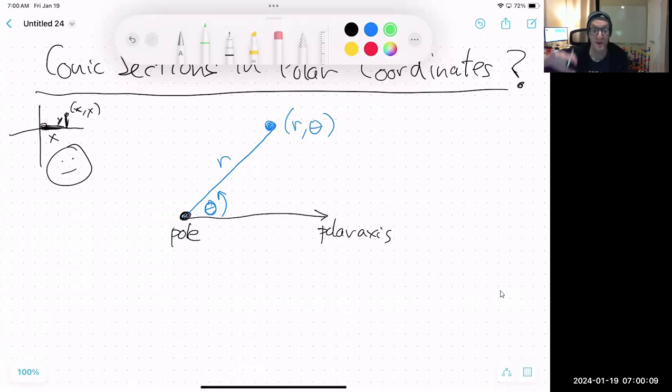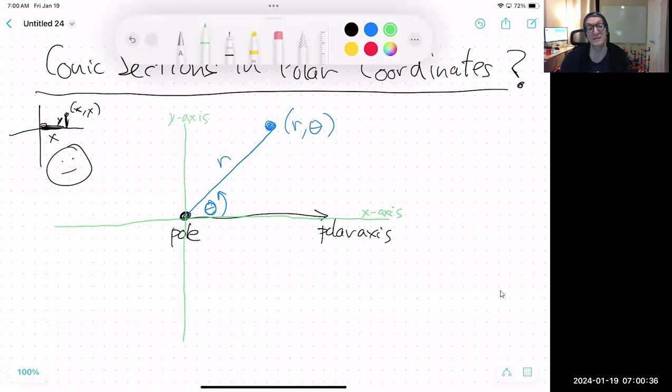But if you have a plane and you establish a polar coordinate system, and then you also establish a rectangular coordinate system on top of it in the obvious way, which is that you let the positive x-axis be on the polar axis and you put the origin at the pole, then this becomes the y-axis.